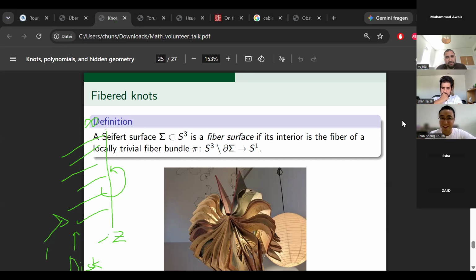The knot complement is a three-dimensional space, and you consider its fundamental group. That's what we call the knot group. You look at the commutator subgroup of this knot group. If this group is finitely generated, if and only if the knot you started with is fibered. This is a very algebraic characterization.